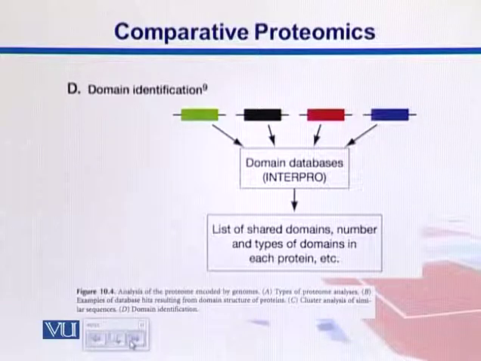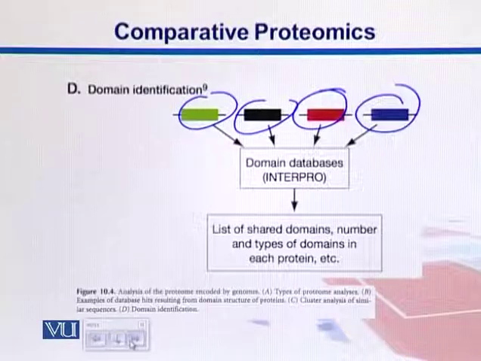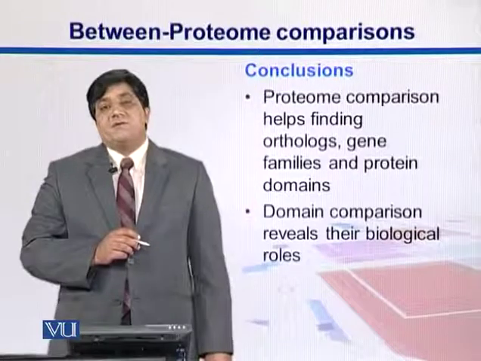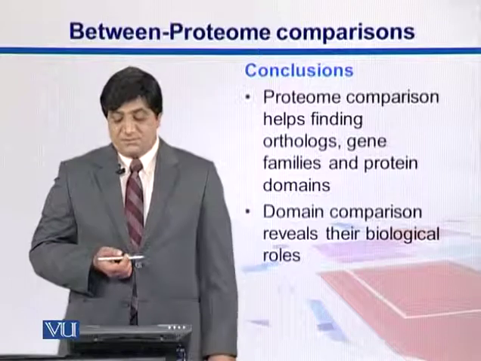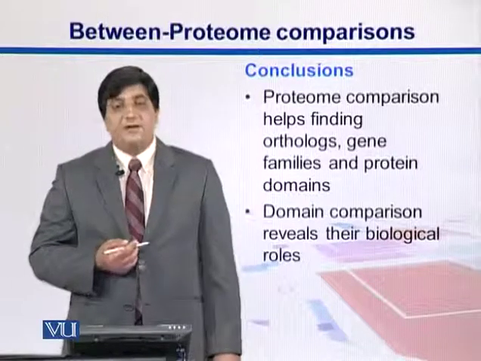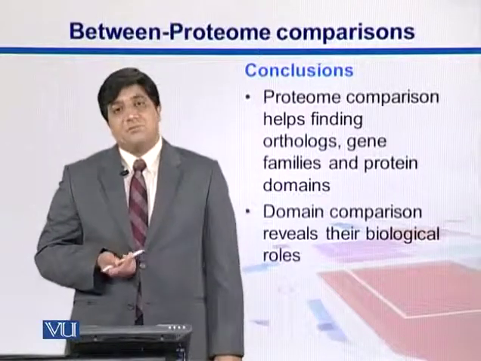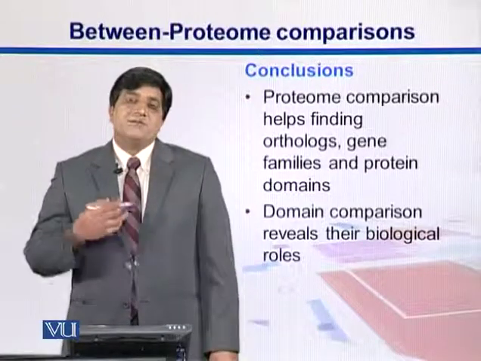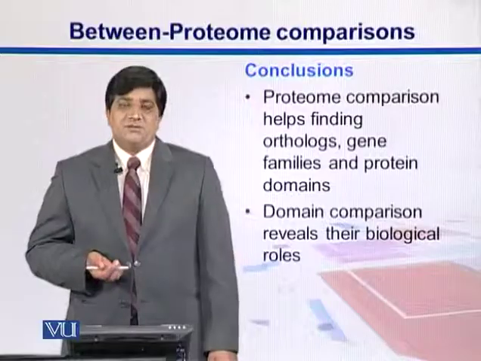Here, for example, we take the domains from different proteins and put them into some domain databases, and in the end we can come up with shared domains, the domains which are present in these different groups, and then we can correlate this information to get an idea about their functions. So proteome comparison helps find orthologs, gene families and protein domains, and domain comparisons can also help correlate to biological functions.